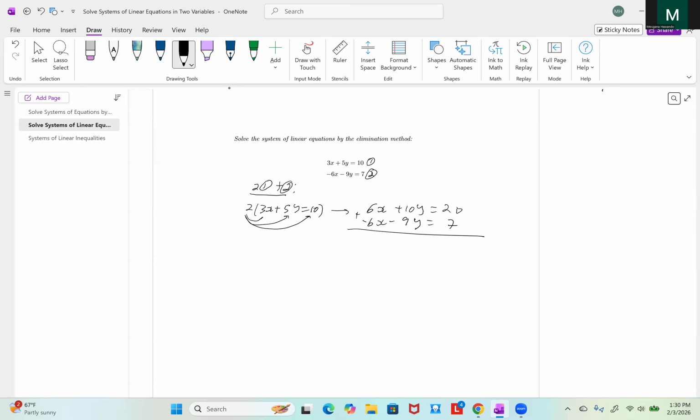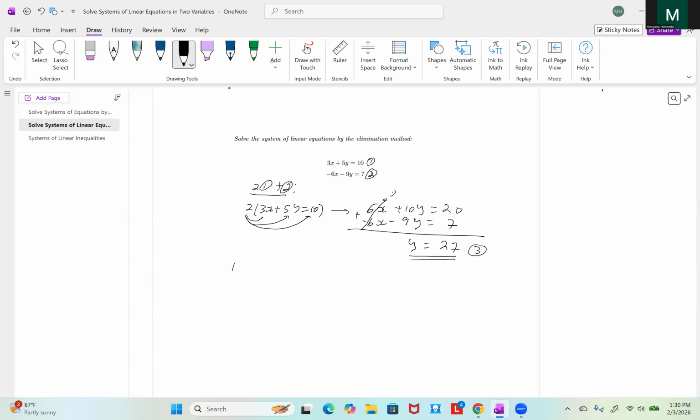So what do we have? 6x minus 6x is 0. 10y minus 9y is y. 20 plus 7 is 27. So y is 27. Let's call this equation 3.